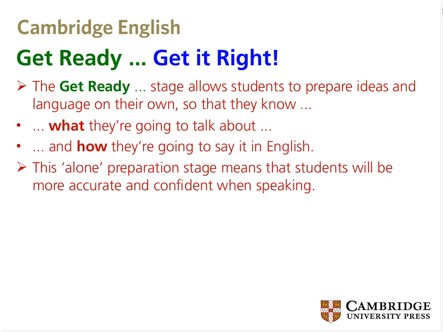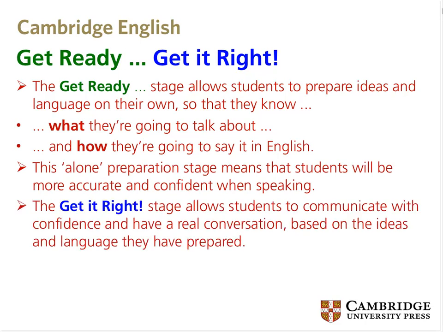This preparation stage means that students will be more accurate and confident when speaking. And judging from your comments at the beginning of the webinar, that is a really key issue. If we can give students the support of preparation stages, they will be more confident when they're speaking to each other in the Get It Right stage.